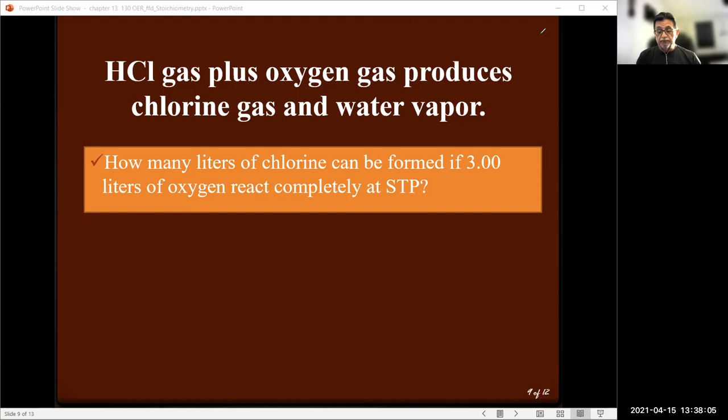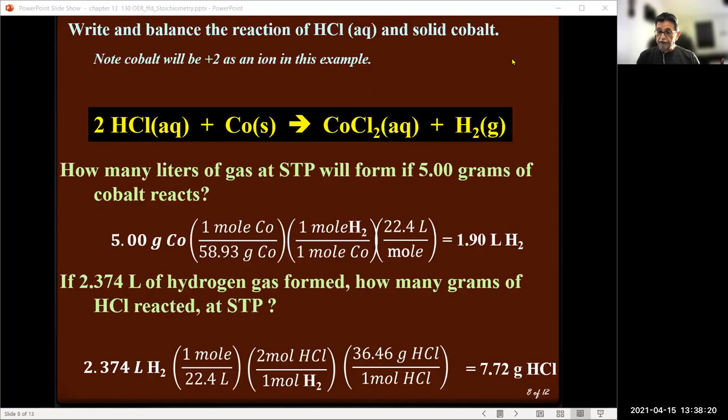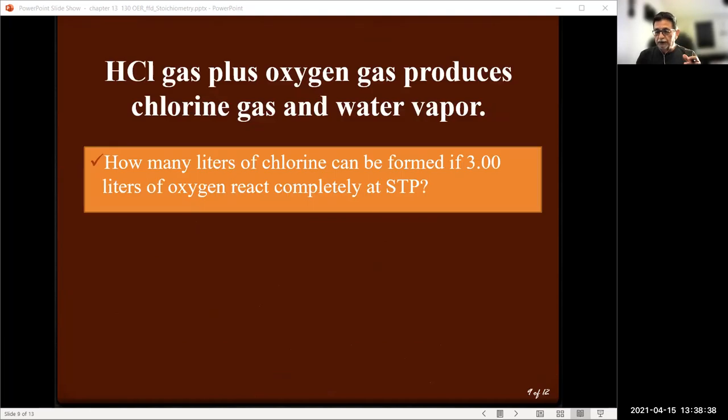You don't have to figure out what type of reaction you have so you can figure out the products, like we did in the first one. Because the one we just did, they didn't give you a lot of information. They just told you to write and balance the reaction of two reactants. So at that point, I needed to go through all the reactions to determine which type of reaction I'm dealing with, which then tells me what type of products I have. Okay. Here, they're telling you everything that you need to know.